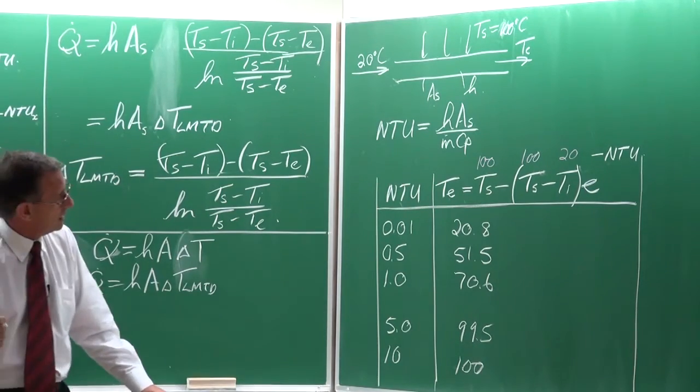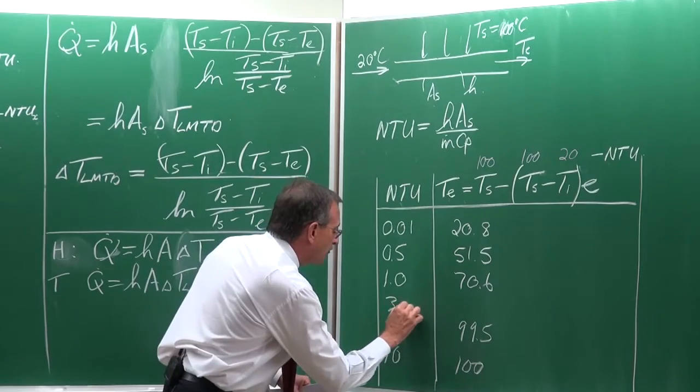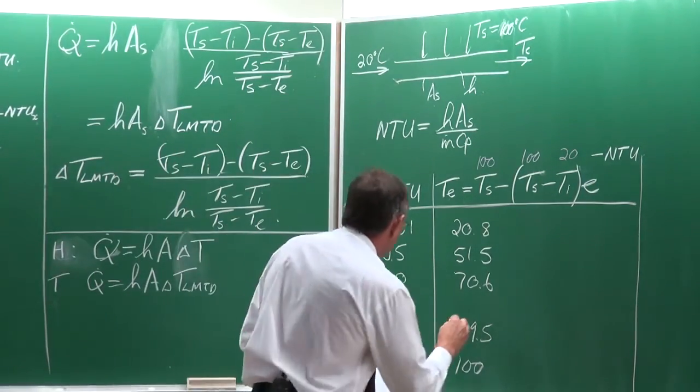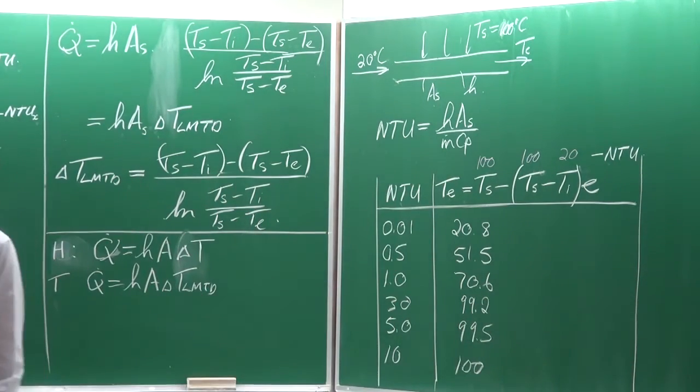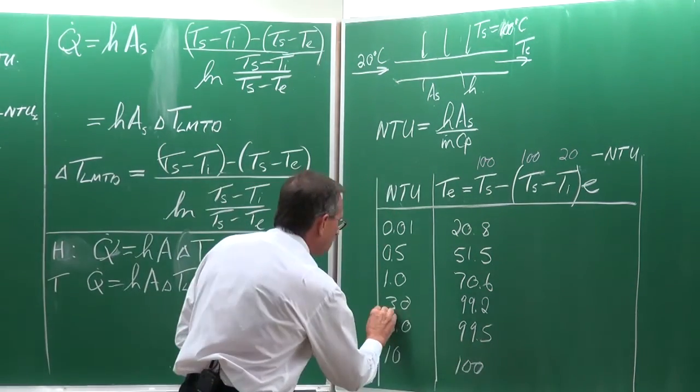And then secondly, let's look at NTUs of 3. If you go and check it for 3, then you'll get an outlet temperature of 99.2. So a good rule of thumb that I use, and not everybody uses this, is an NTU of 3.